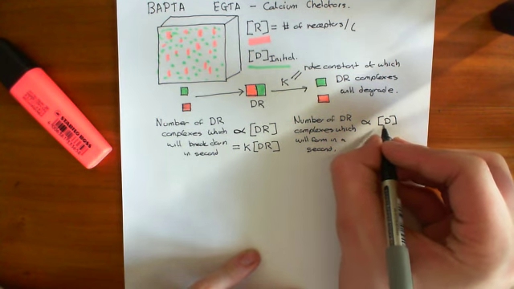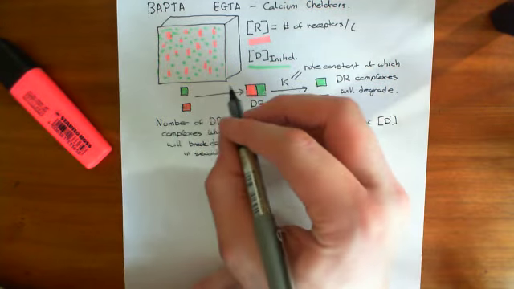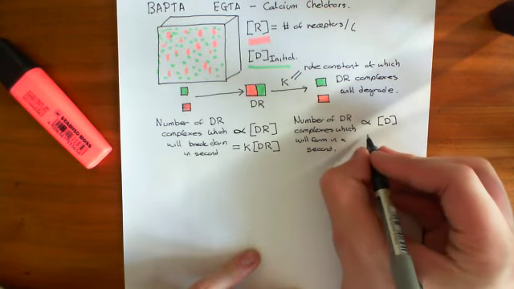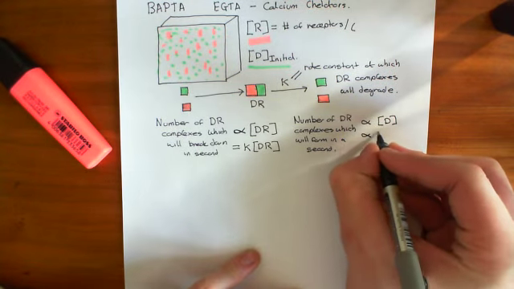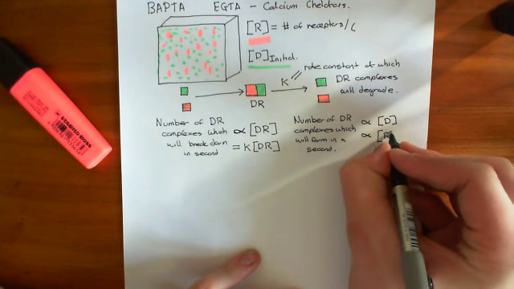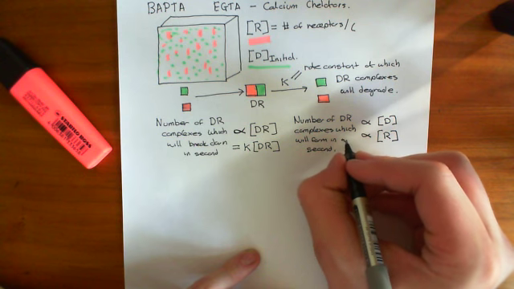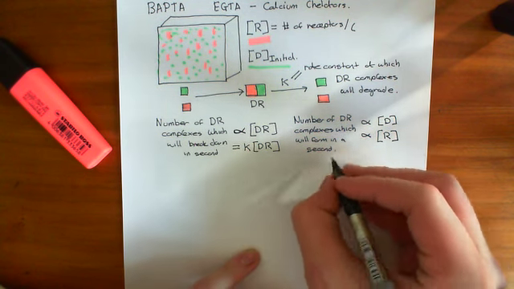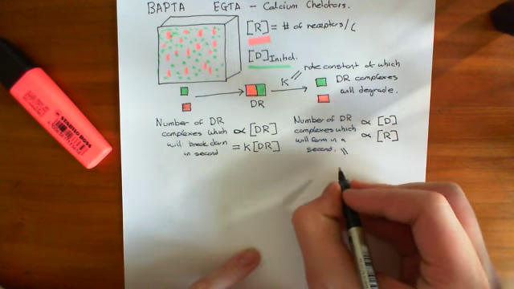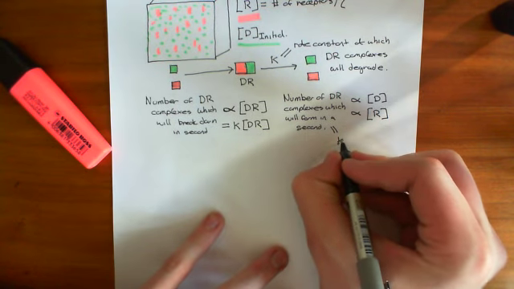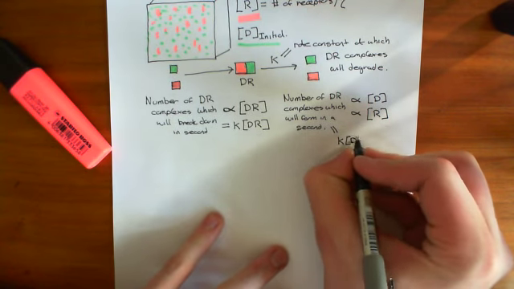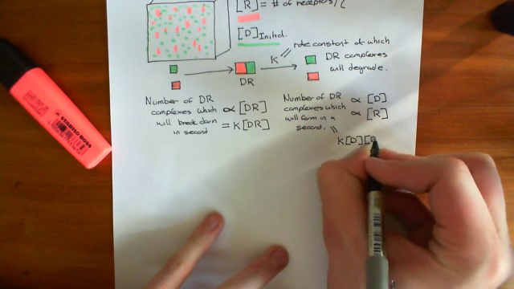So we're going to assume that we're at concentrations where if you double the drug, you're also going to double the number of drug receptor complexes you're forming. Also, if you double the number of receptors, you would expect to double the number of drug receptor complexes which you will form in a second. So this should be equal to some constant times the concentration of drug times the concentration of receptors.